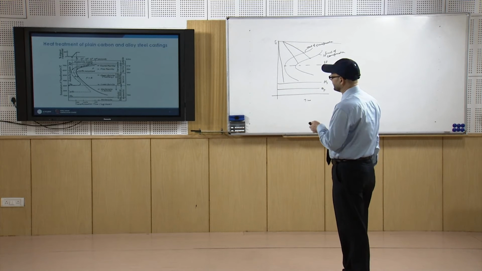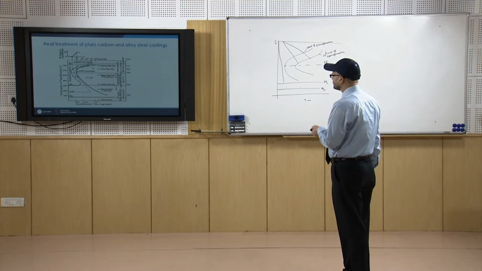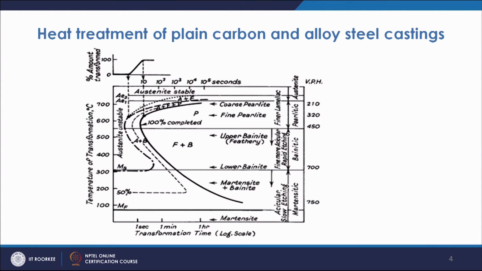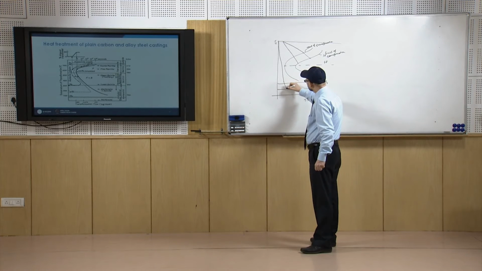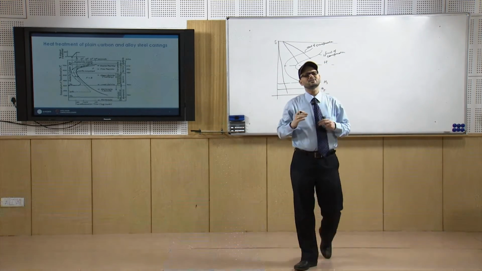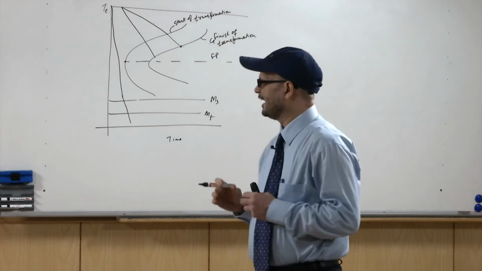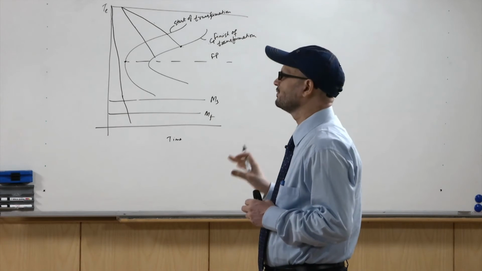When it goes below this temperature, the martensitic phase starts to form. If it goes past the nose of the C curve, from downward the martensite will start to form, and this is the martensite finish process.